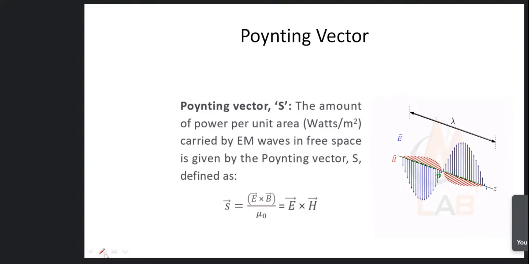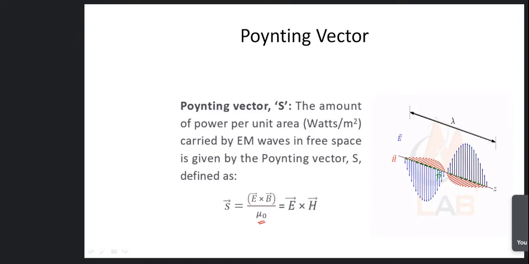Mathematically it is defined as the S vector, the cross product of the E field component of the electromagnetic wave with the B field component, divided by the permeability of the space. Here it is free space, so it is the permeability of free space.